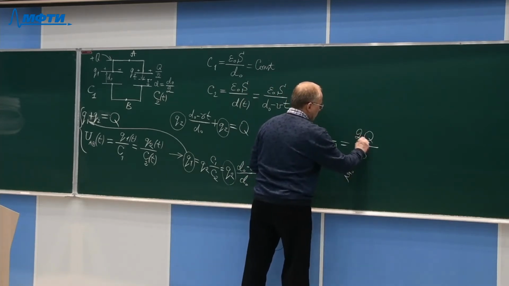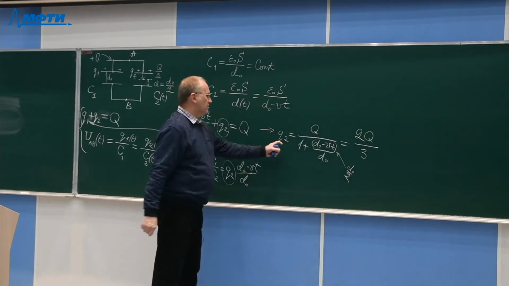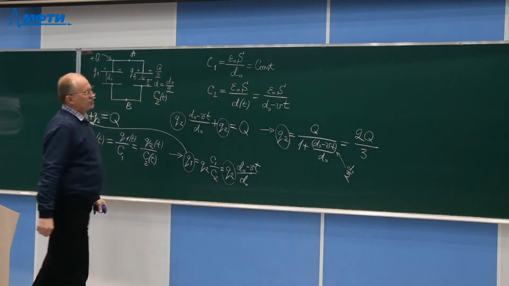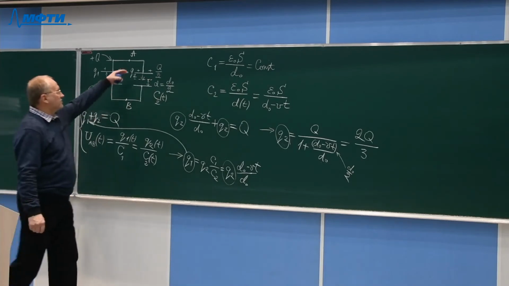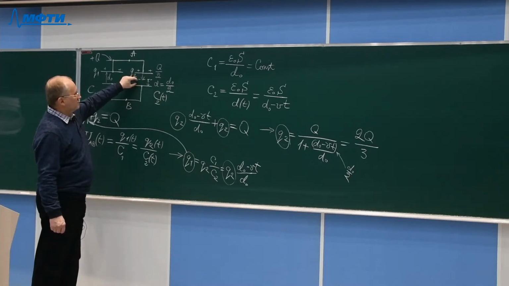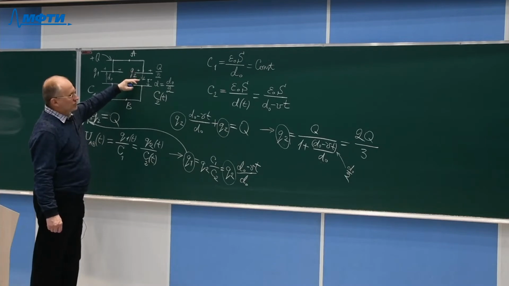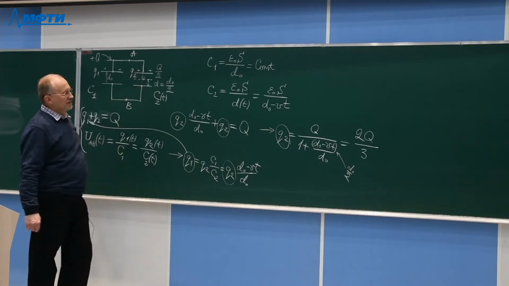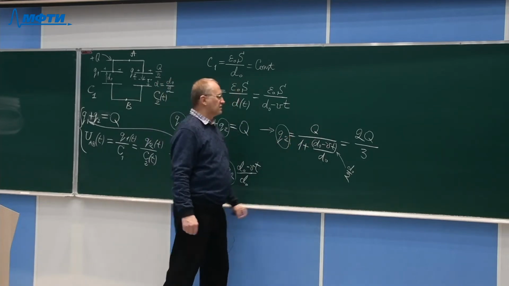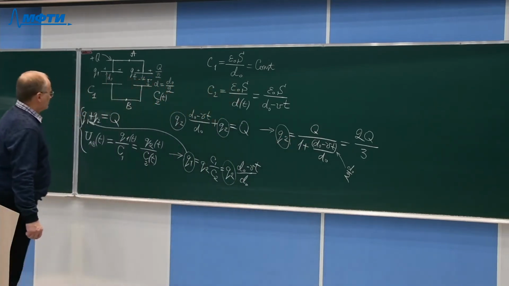That will be 3 divided by 2. That is the final value for the charge of the second capacitor after we have shifted the upper plate in such a way as to reduce this distance by half. After we have reduced the distance between the plates by half, the charge on the second capacitor will be equal to this value.